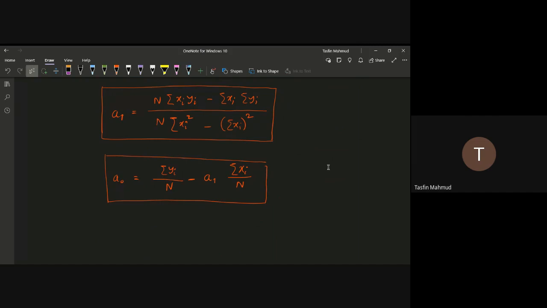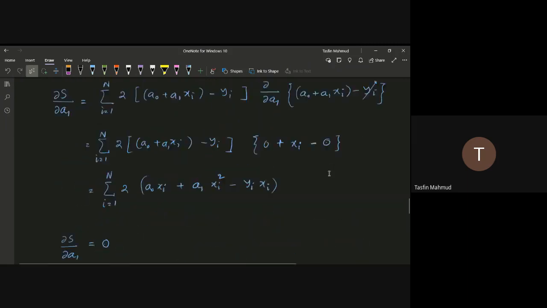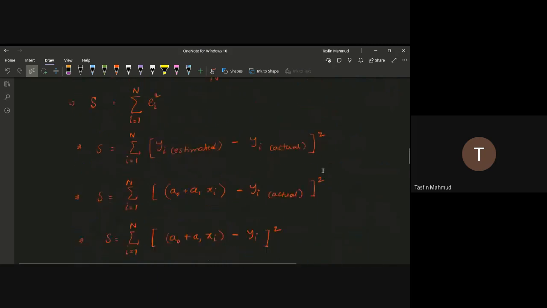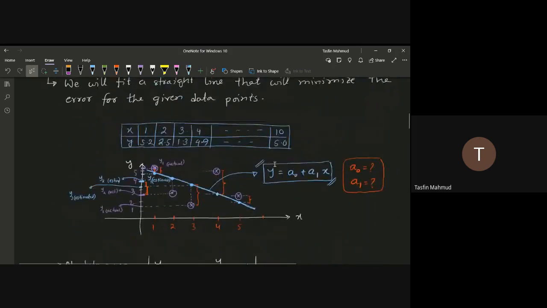So now we can fit the straight line with this equation, y equals a0 plus a1x, and we will get the straight line actually, and we can find the value of any point using this straight line.